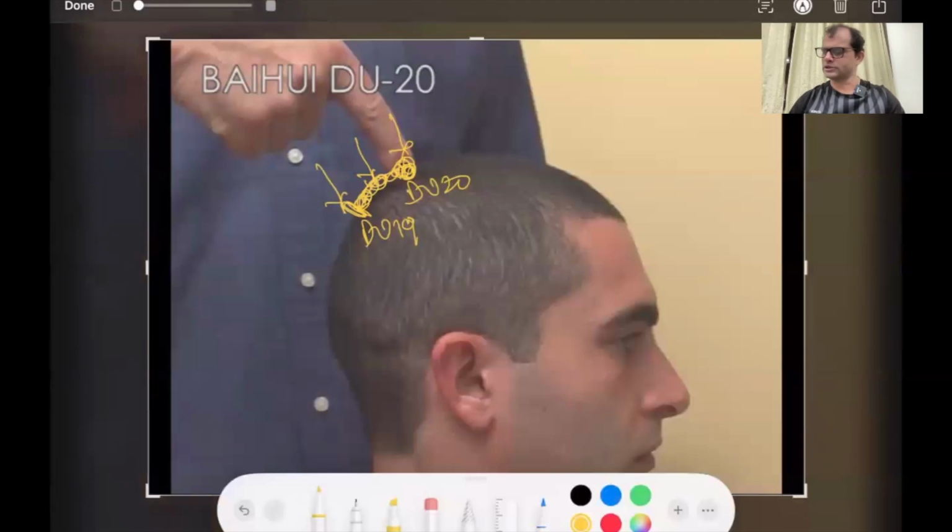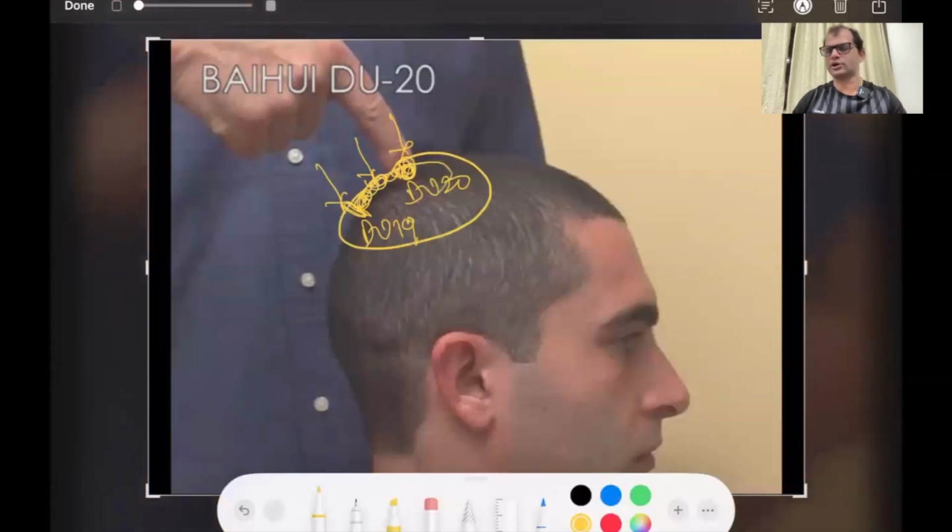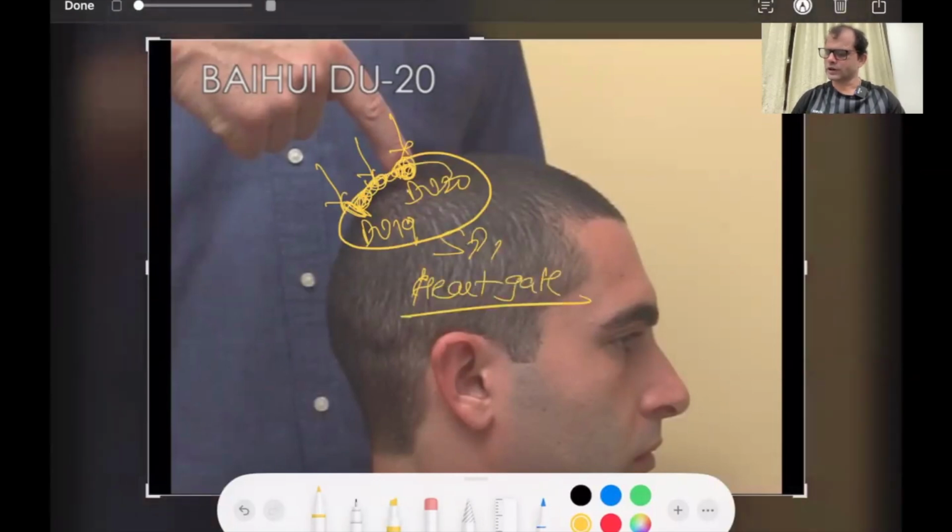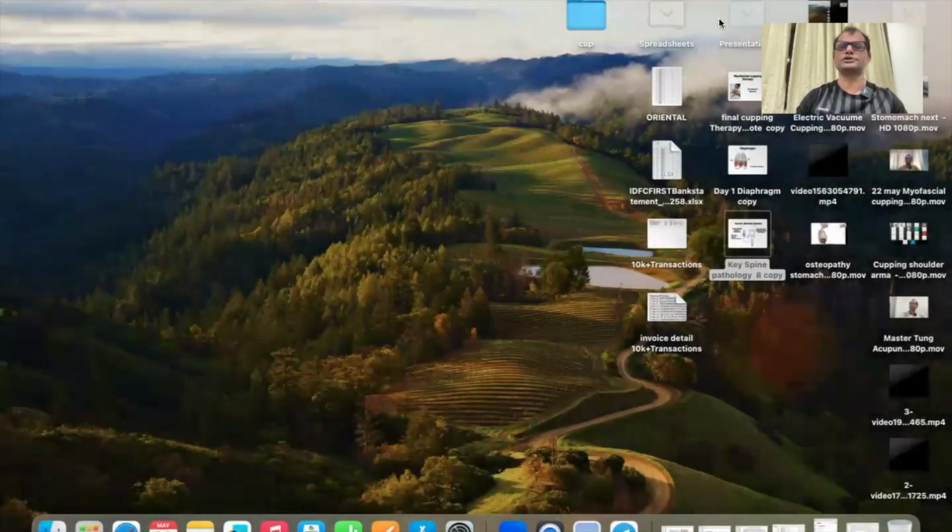So we took all the points on the basis of imagination. Number 1, DU20 and DU19, spleen 1, heart gate, and they are very, very effective points. This is a very effective point protocol for tailbone pain.